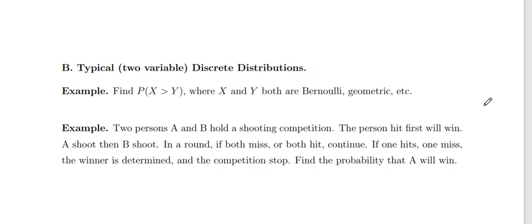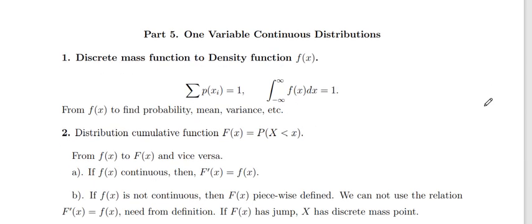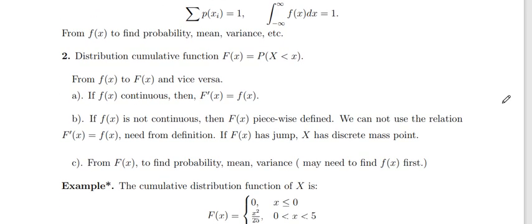So two variable discrete distributions are always easy, right? So those are easy, and then for continuous distributions, one variable continuous distribution, two variable continuous distribution. For continuous distribution, we focus on the density function. Yeah. Once we have a density function, we can have everything.